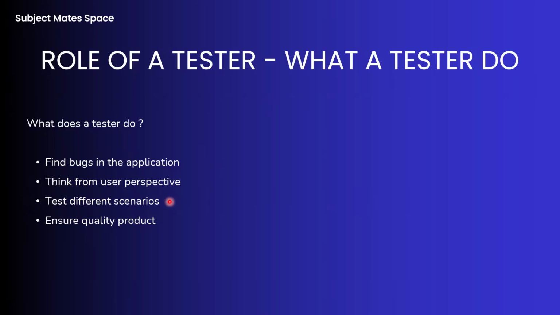If the user is able to log in, then that is a bug. So a tester should always test different scenarios. And finally, the tester should ensure the product is good.